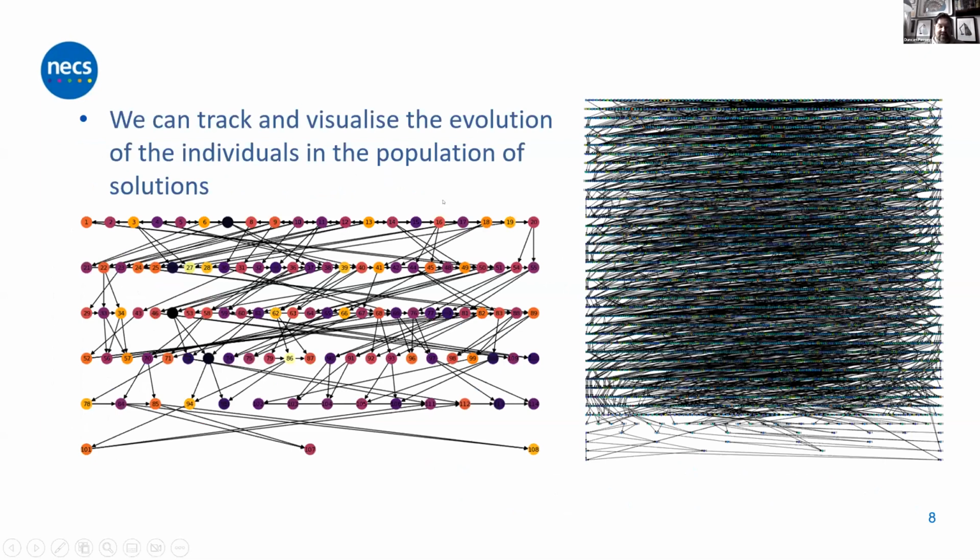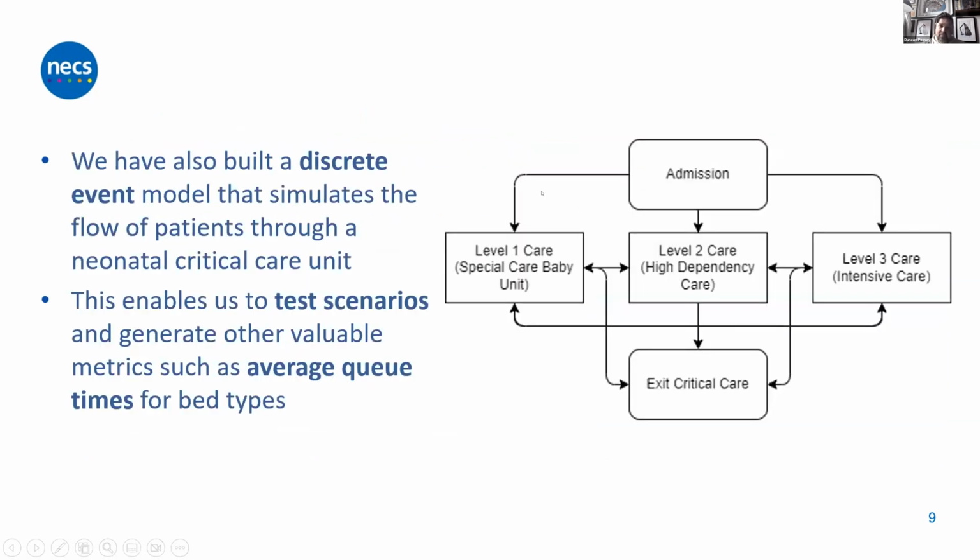You can also create some really exciting looking visualizations here where we can see how those populations are actually evolving. They're of little use to the actual output, but they are interesting to watch, to see how your populations are evolving over time.